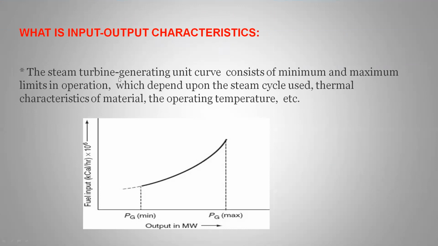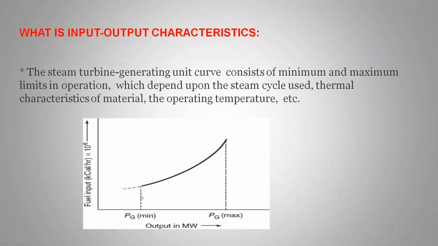The steam turbine generating unit curve consists of minimum and maximum limits in operation. This is the power generation in minimum, this is the power generation in maximum.